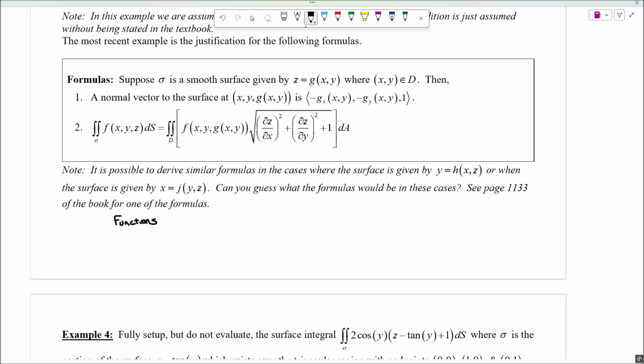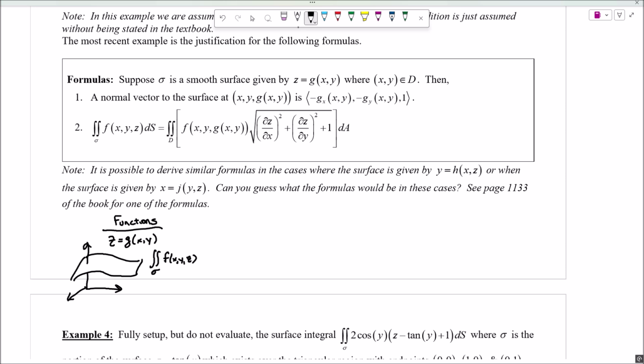When I have functions, that is, if I have things in the form z is equal to g of xy, like what I have in the box above, that is, if I have a landscape that is going to pass the vertical line test, then it's possible to compute my surface area like I had actually shown up above.